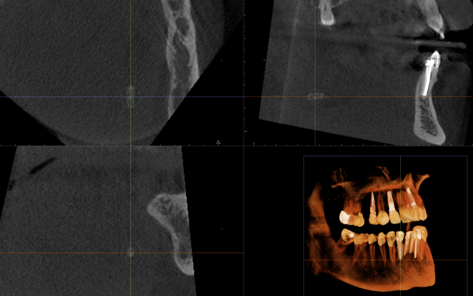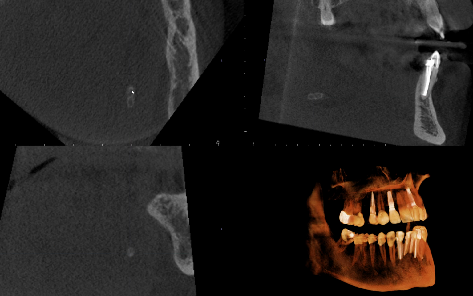I've oriented the scan so that we can have the full visualization of the calcification, and let's measure that. It's measuring approximately 7 to 8 millimeters in this corrected sagittal plane, and in the axial, again, maybe like 7 millimeters. So yeah, it's measuring approximately 7 to 8 millimeters in length.